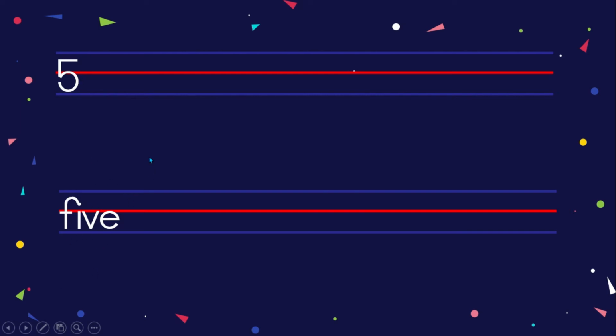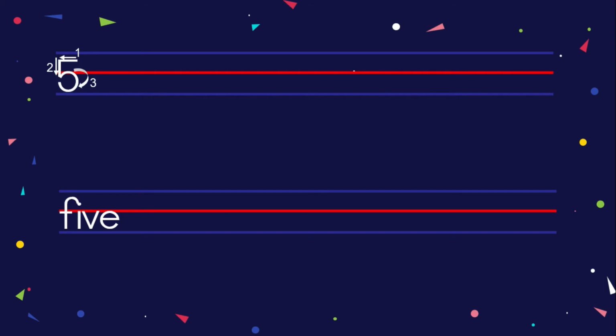So first, for the numeral 5, first thing to do is we're going to draw a horizontal line on the upper part, and then another small vertical line in the middle, and a small curved line.